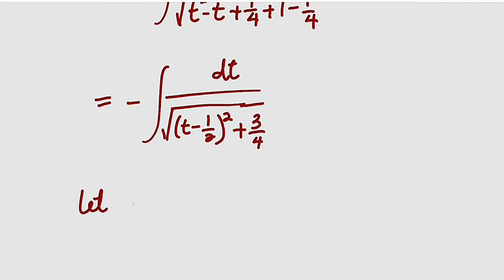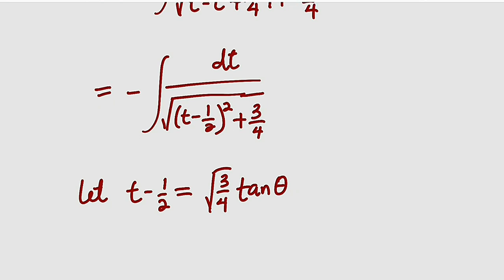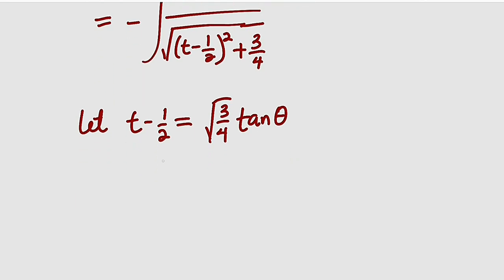So let t minus 1 divided by 2 be equal to the square root of 3 divided by 4. Why I want to take square root? Because power of 2 will eliminate the square root. Then multiply by tangent of what? Theta. Let us differentiate both sides. If you differentiate t, you have dt.